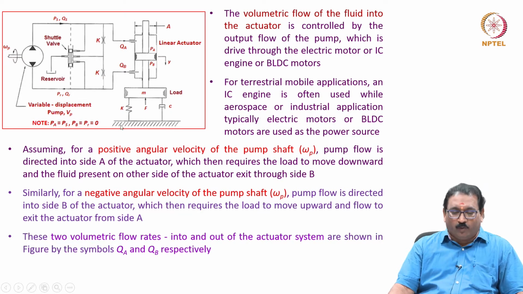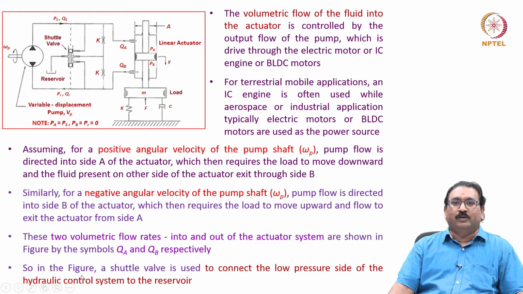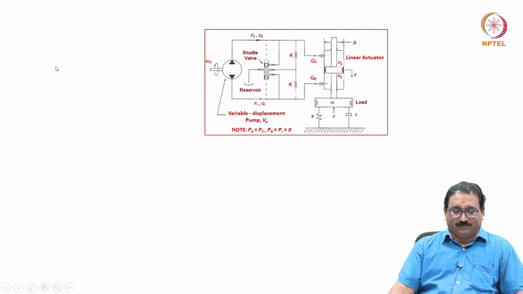These two volumetric flow rates, into and out of the actuator system, are shown symbolically as QA and QB respectively. In the figure, a shuttle valve is used to connect the low pressure side of the hydraulic system to the reservoir.